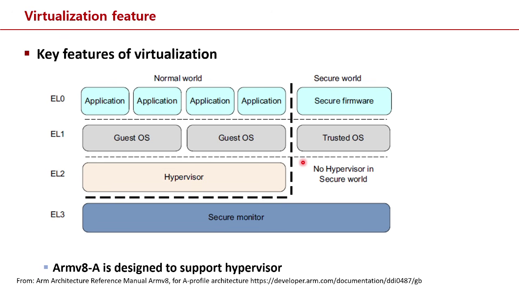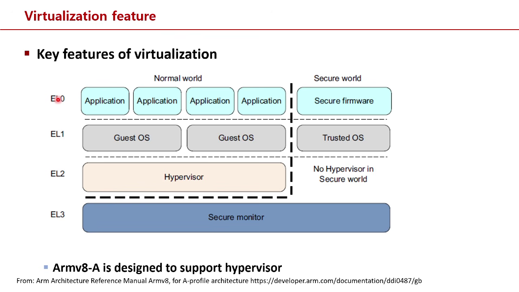In order to understand how the hypervisor works in more detail, we need to learn about some of the virtualization features supported by the ARM architecture. Please take a look at the diagram in the slide. What you can see is exception level 0, exception level 1, exception level 2, and exception level 3.